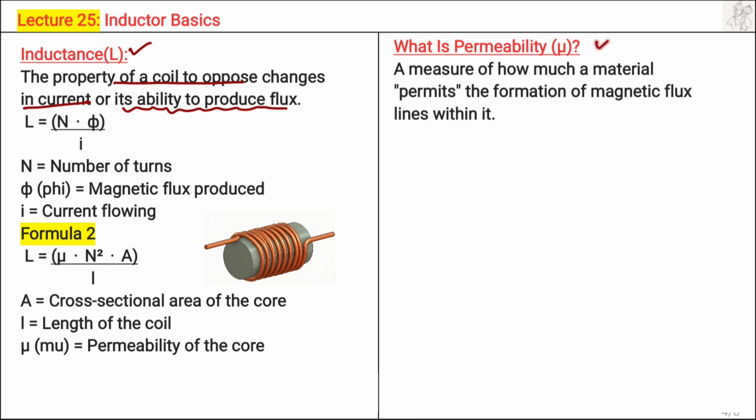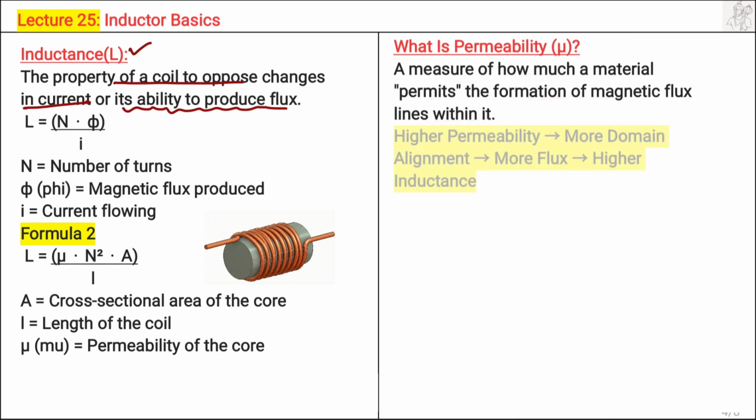So what is permeability? It is the measure of how much a material permits the formation of magnetic flux lines within it. This means that the higher the permeability, the more easily the domains will align, and therefore there will be stronger flux establishment, as a result of which there will be higher energy stored, and in turn higher inductance.